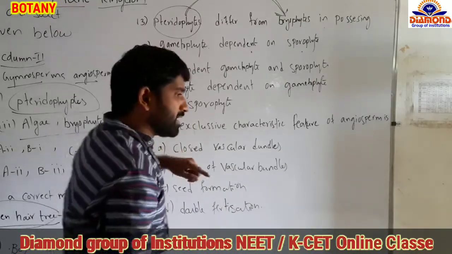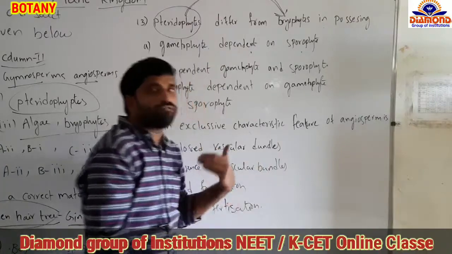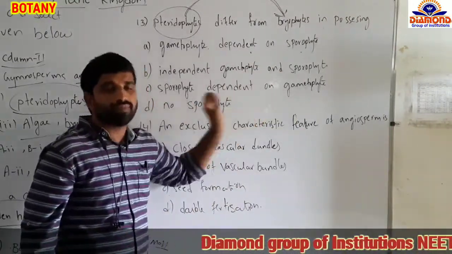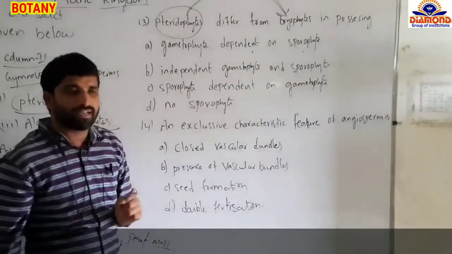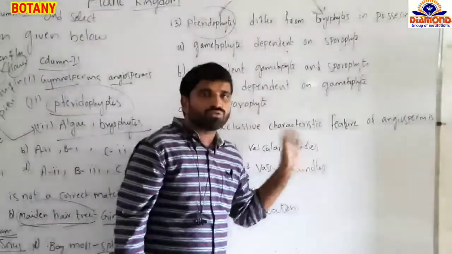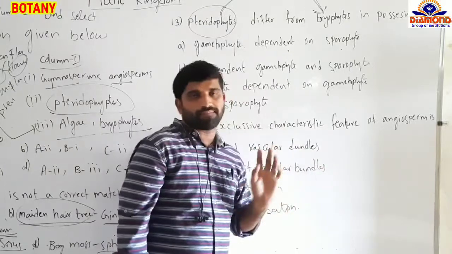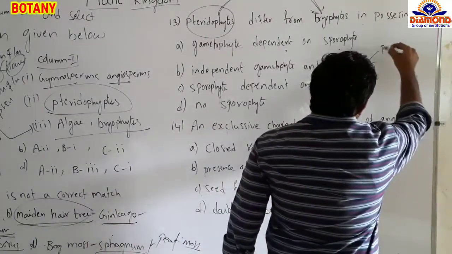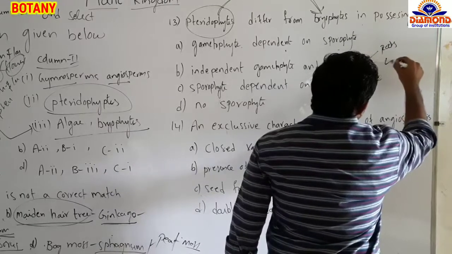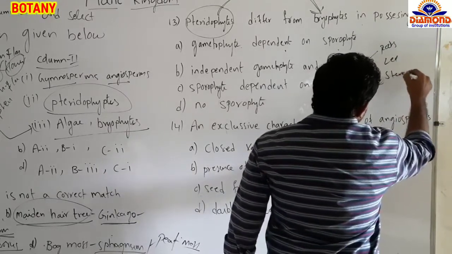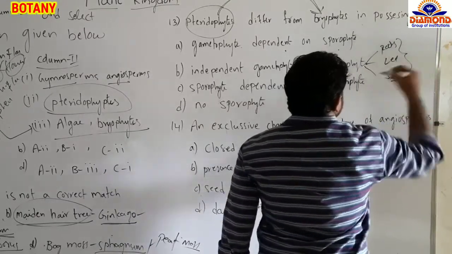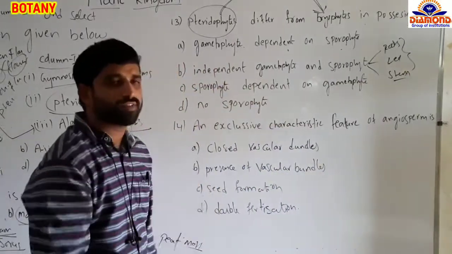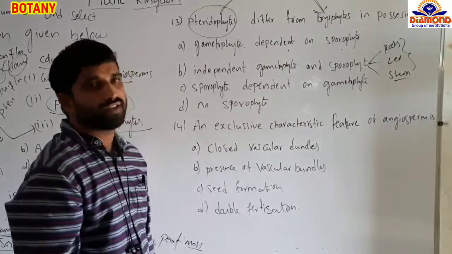But in pteridophytes, the gametophyte body is free living and the sporophyte body is also free living, because in the sporophyte of bryophytes, true roots, true leaves and true stems are absent. But in the pteridophyte sporophyte body, true roots, true leaves and true stems are present. By the presence of roots, leaves and stems, it can prepare its own food material. That's why the sporophyte body is free living.